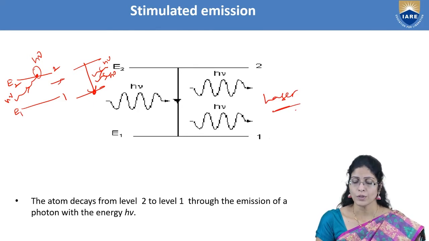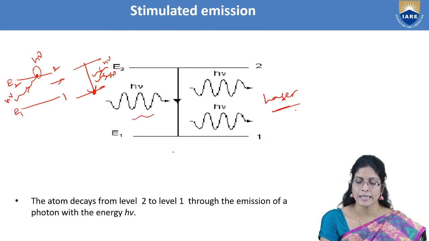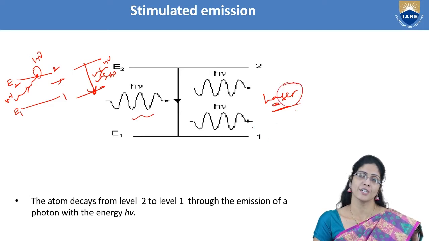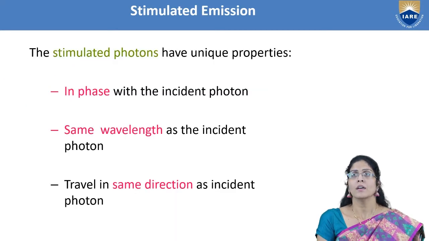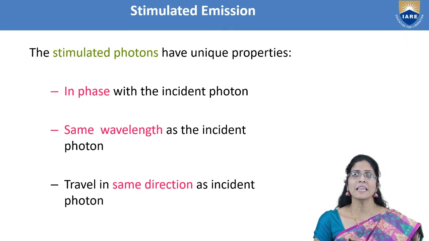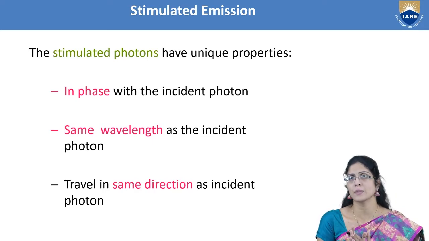Now you have understood that light is being amplified using this stimulated emission of radiation, and hence stimulated emission is the basic concept for the laser to be produced. These stimulated photons have unique properties. What are they? They will be in phase with the incident photon. If you take the incident photon and the stimulated photons, they will be in phase with one another.